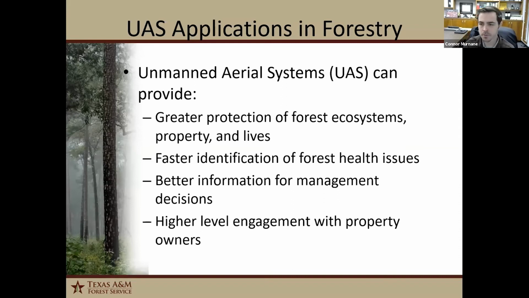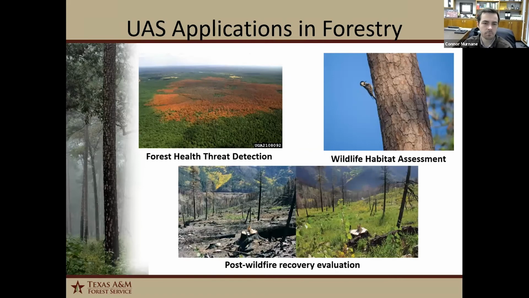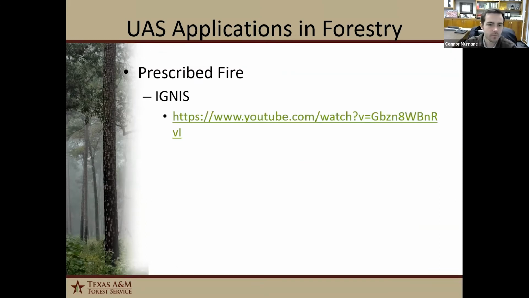A lot of our drones nowadays have thermal or heat detecting cameras, and this can be useful for determining hot spots or smoking debris along the line of the fire. Also useful for forestry operations and identifying forest insect outbreaks, wildlife habitat assessments, and also looking at post-wildfire recovery and regeneration after wildfire damage.